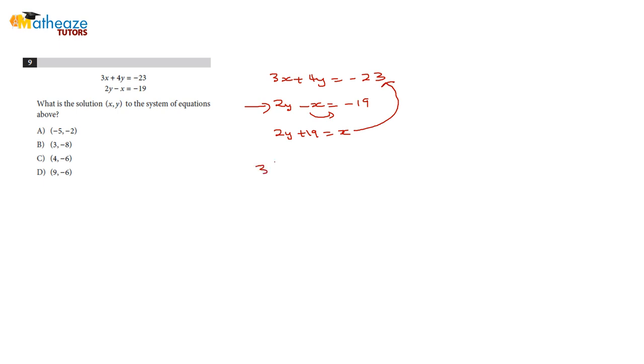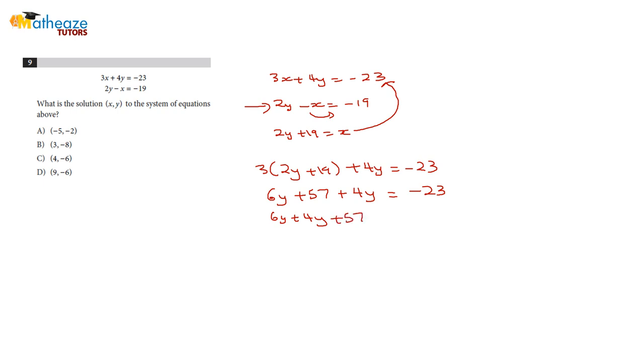So I have 3 times 2y plus 19 plus 4y equal to negative 23. So this is going to give us 6y, 3 times 19 plus 57 plus 4y equal to negative 23. Let's group common terms. We have 6y plus 4y plus 57 equal to negative 23.